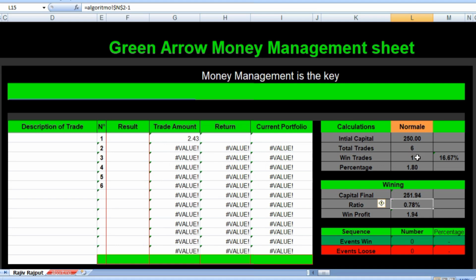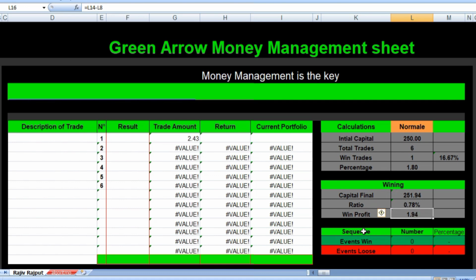Let's suppose when you win one trade out of the 6, then you will have $251.94 in your account. Here we are assuming that we are using the capital of $250, so that panel will tell you the payout percentage.